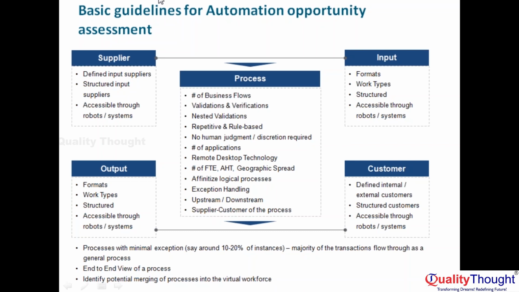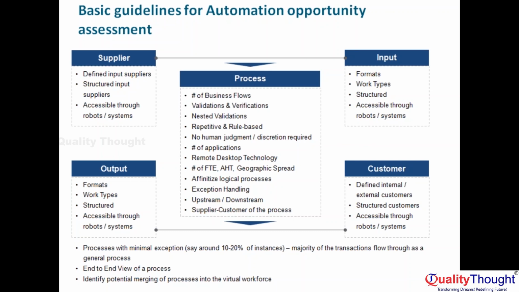I have a process called approve the loan. For bank one, in loan approval, 10 employees are working in the UK, 2 employees are working in India. For bank two, 2 employees are working in the UK, 10 are working in India. Which process is better to automate first? First one or second one? First one, 10 employees are working from the UK.